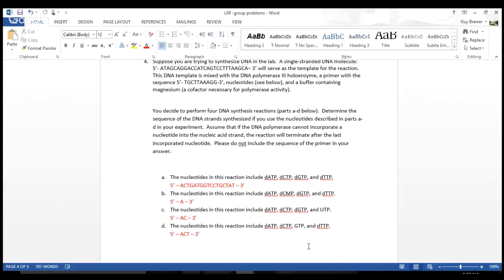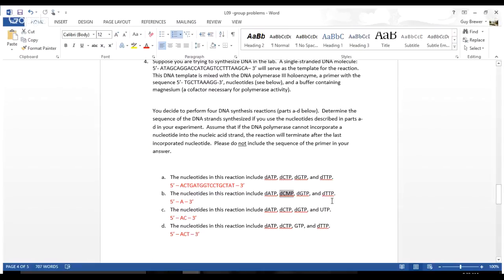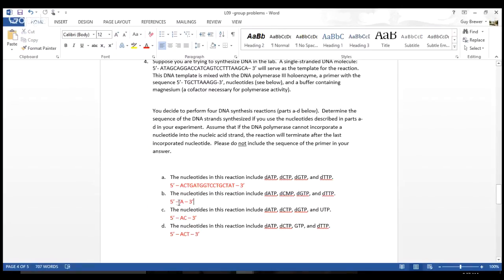And so it should be ACT, GAT, GGT, CCT, GCTAT. And then for part B, you can see here that there's a ddCTP, and that one can't be used in replication, in translation, I mean. So it's going to stop after one nucleotide at A.